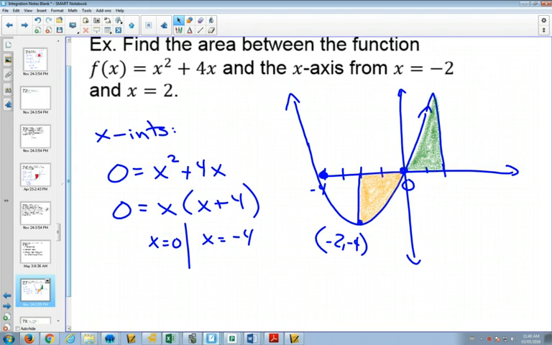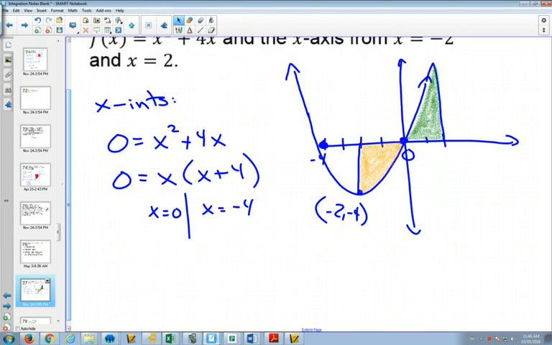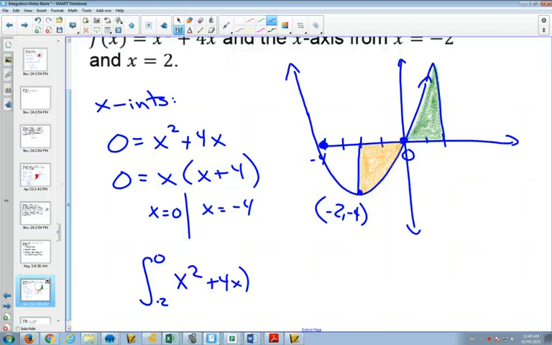So when we write this out, we're going to find the integral from -2 to 0 of x squared plus 4x. And we're going to add that to the integral from 0 to 2 of x squared plus 4x.